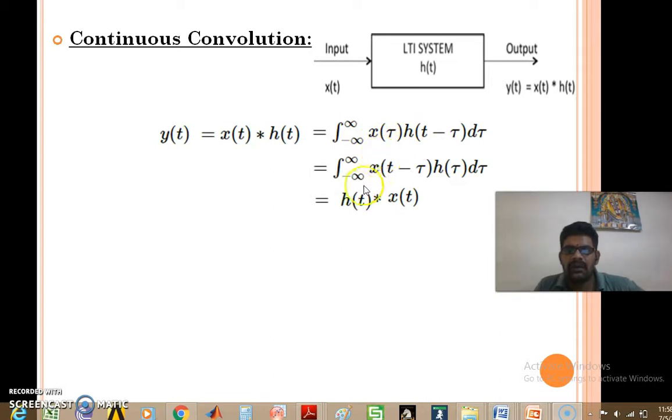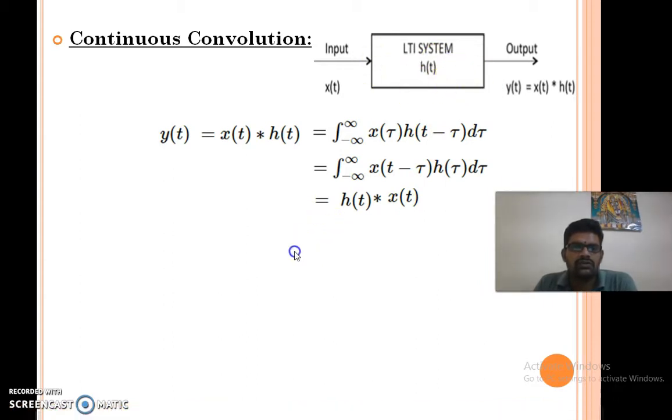This can be written as the integral from minus infinity to plus infinity of x of t minus tau into h of tau d tau, that is equal to h of t convolved with x of t. So this is known as convolution. The output is the convolution sum of the input and the system response h of t, the transfer function. Here the system is continuous, so it is continuous convolution.